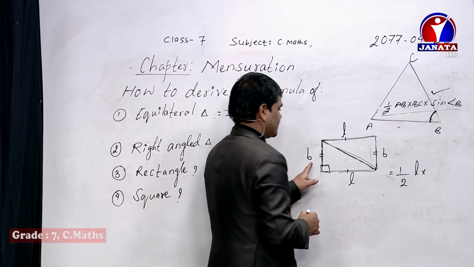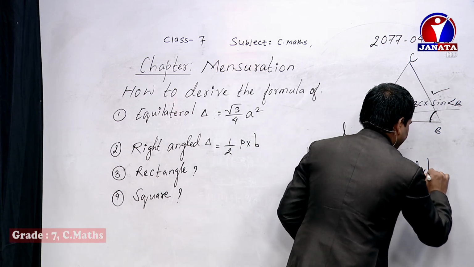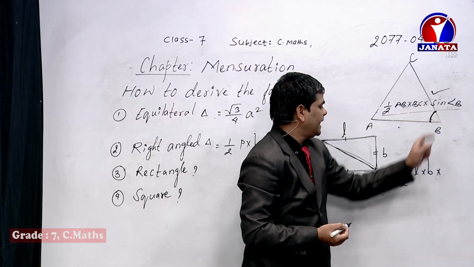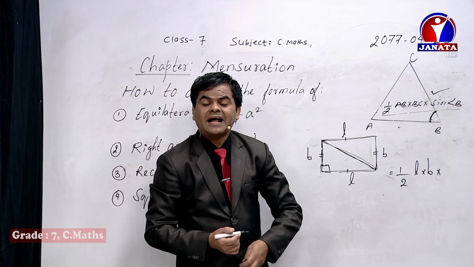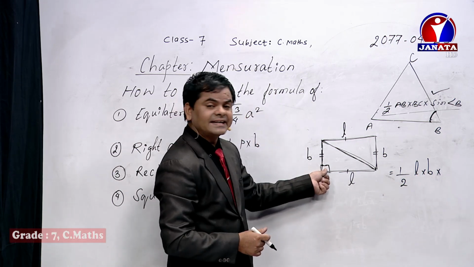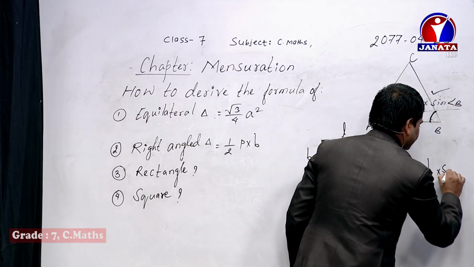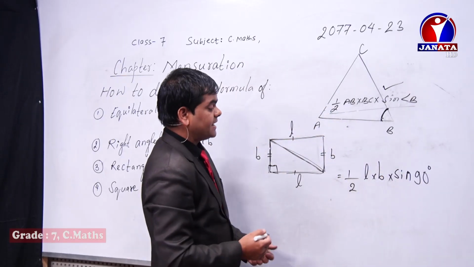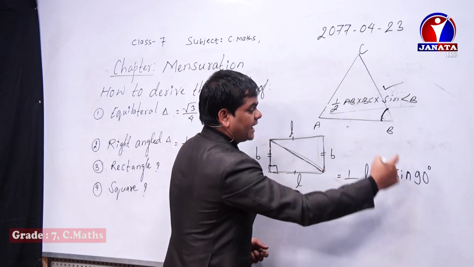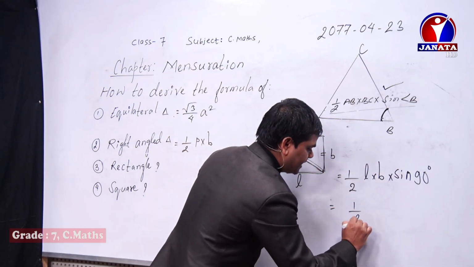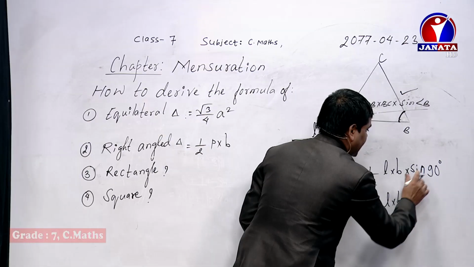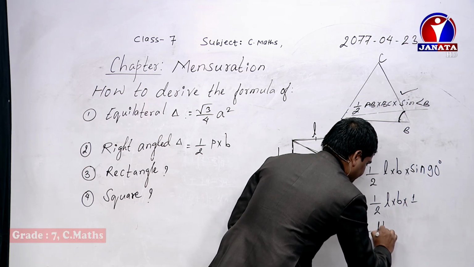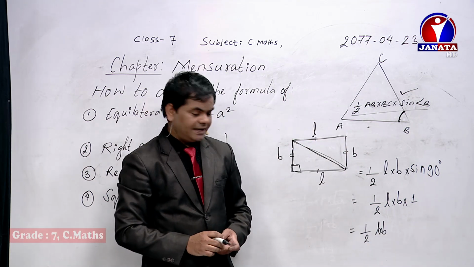And in the place of breadth you can write B, and in the place of sine angle B, the measure of the angle between this length and breadth is 90 degrees. So you can write sine 90 degrees. If you calculate all these, it will be 1 by 2 L into B into sine 90 degrees, whose value is 1. So altogether we got 1 by 2 L into B.